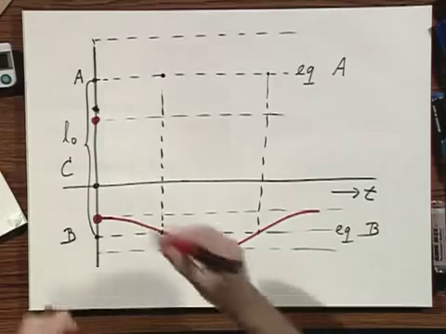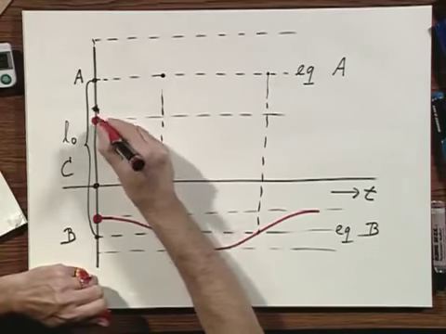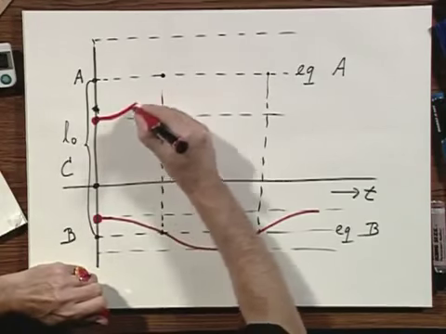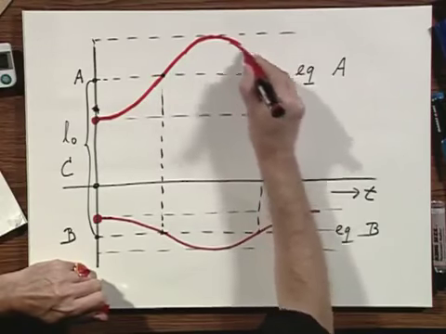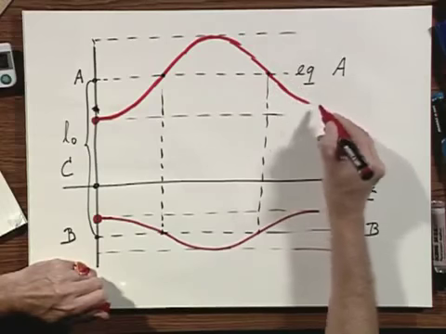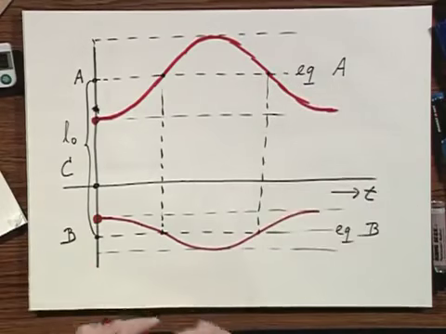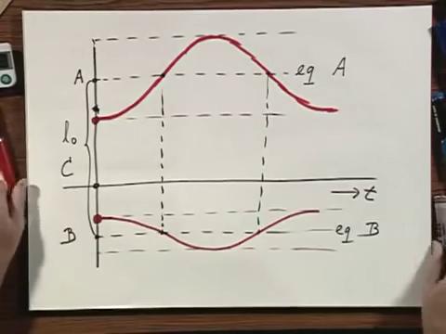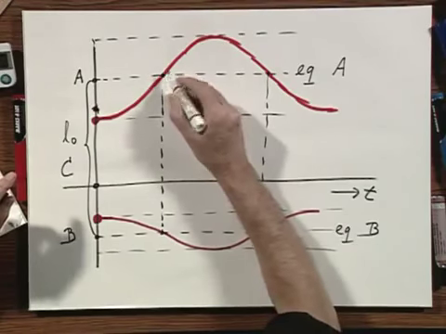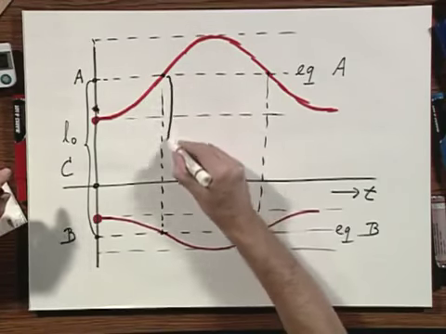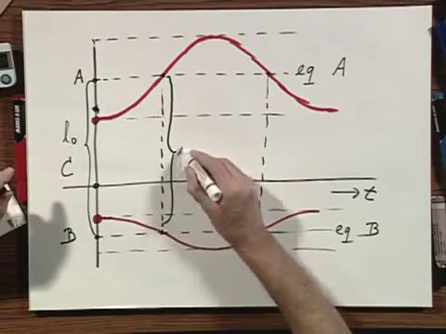So I can now draw the curve for A. And so on. I can put in some more numbers here. This here, when A and B are both at equilibrium, is of course L0.